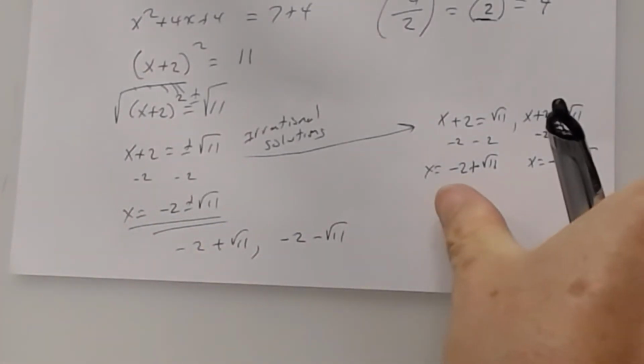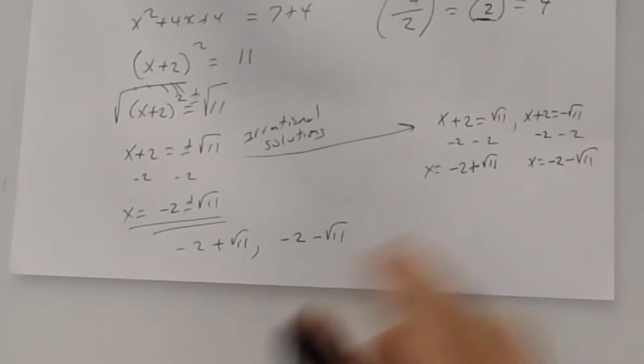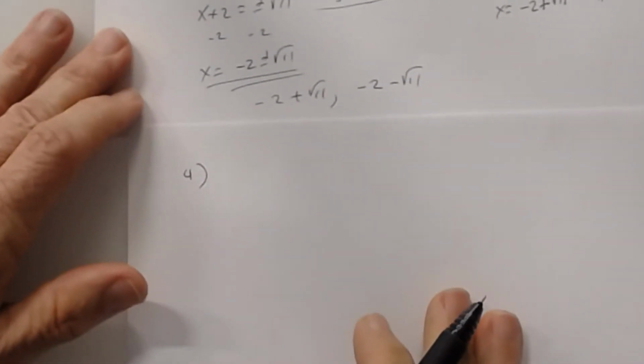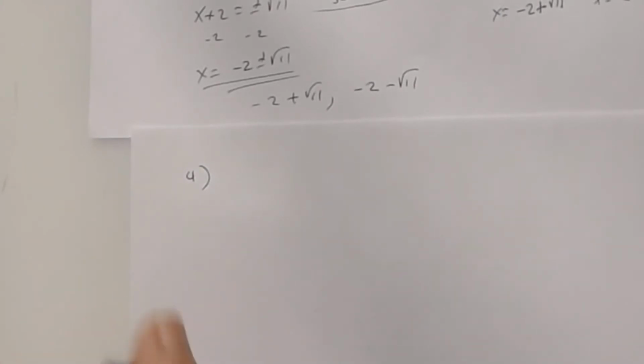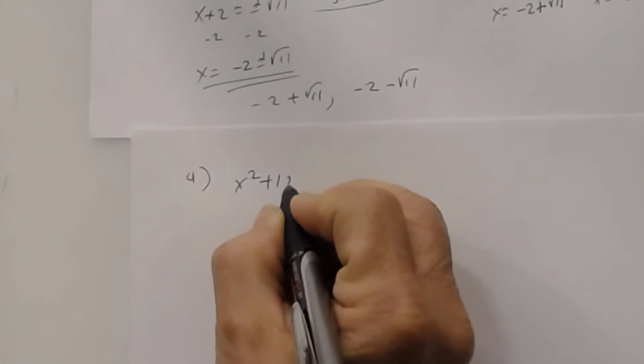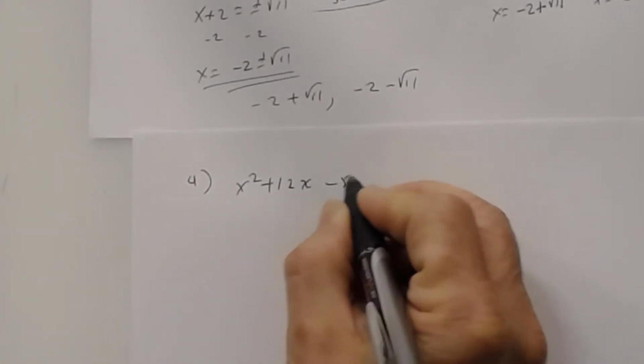All right. Now let's look at number 4. Number 4, we have x squared plus 12x minus 54 equals 0. Now before we go on, notice that the x term, the coefficient, was what kind of number?